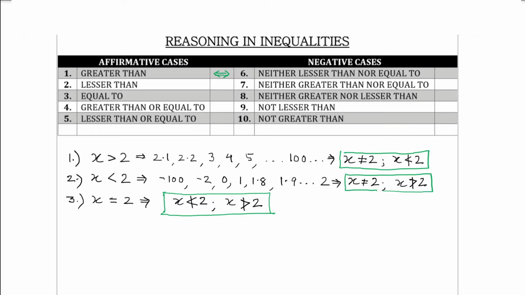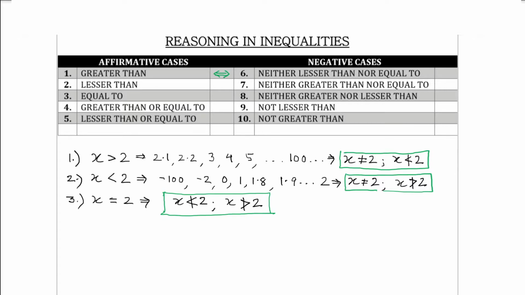Right? Now let us talk about the second case wherein we talked about x is lesser than 2. So either I talk affirmatively or I talk negatively. If I'm using a negative connotation for the affirmative one, at the same time I can use an affirmative connotation for a negative one. For example, if I'm saying x is neither greater than 2 nor equal to 2, this is a negative way of presenting something.